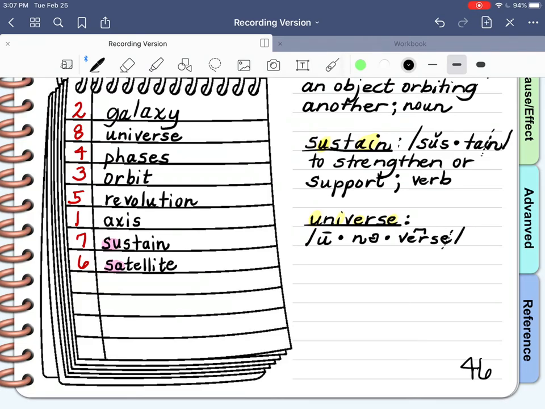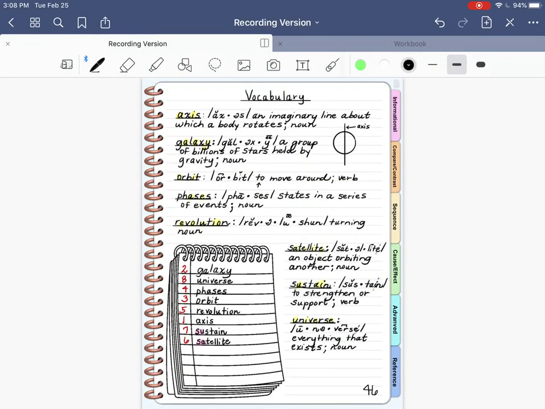Universe. And universe I have defined as everything that exists. Okay. Universe. And this is a noun. So here are our 8 vocabulary words for this chapter. And in the next video, we will practice using those.